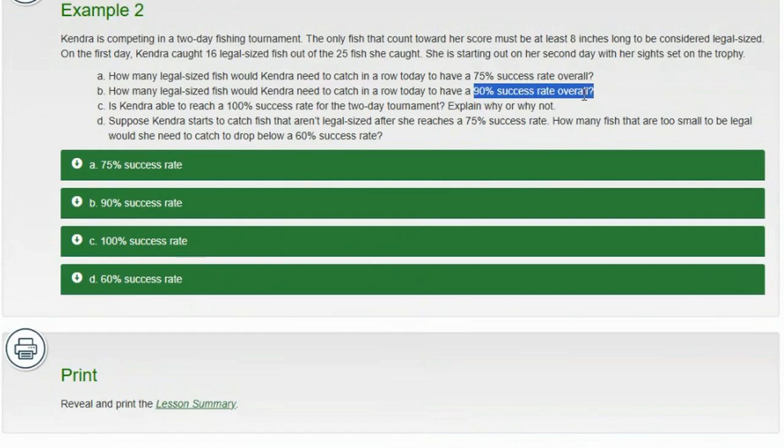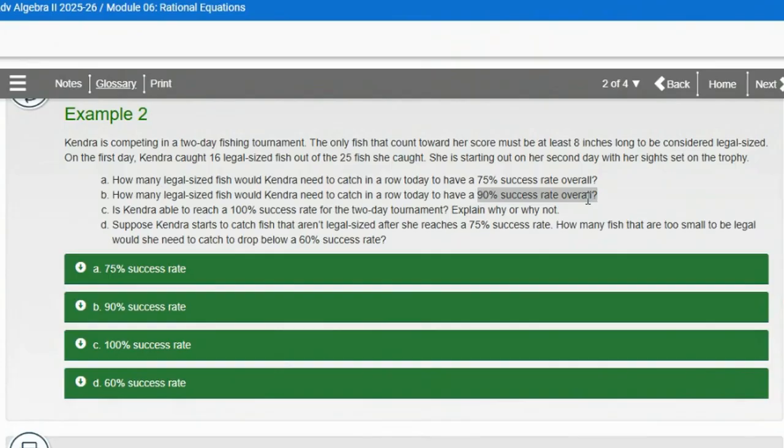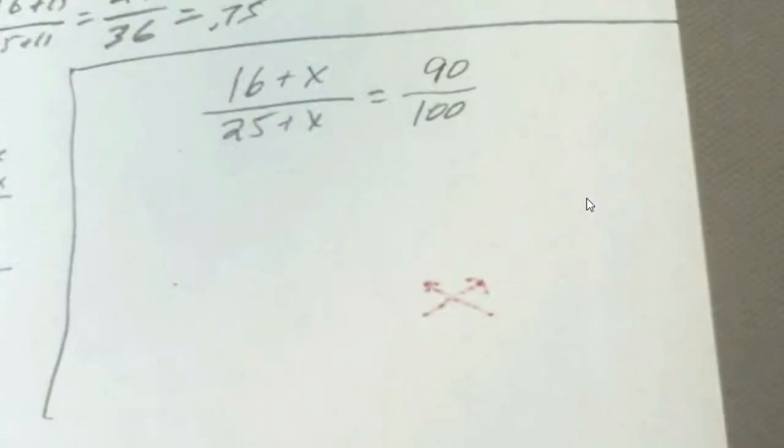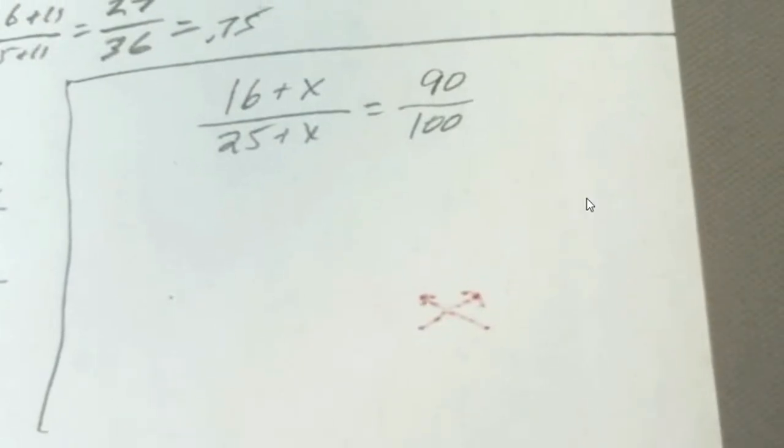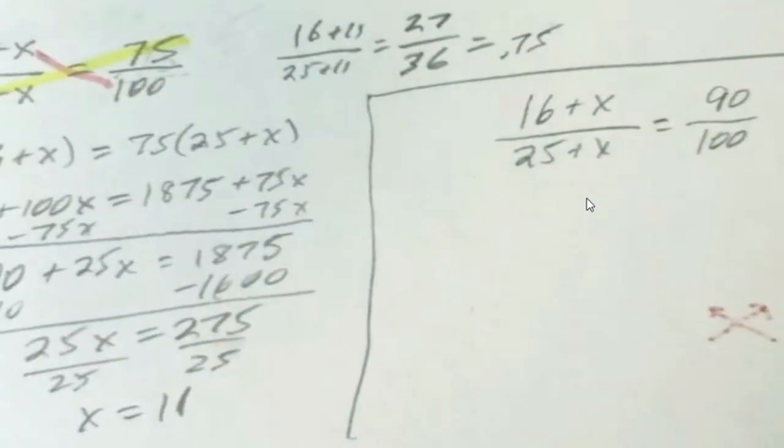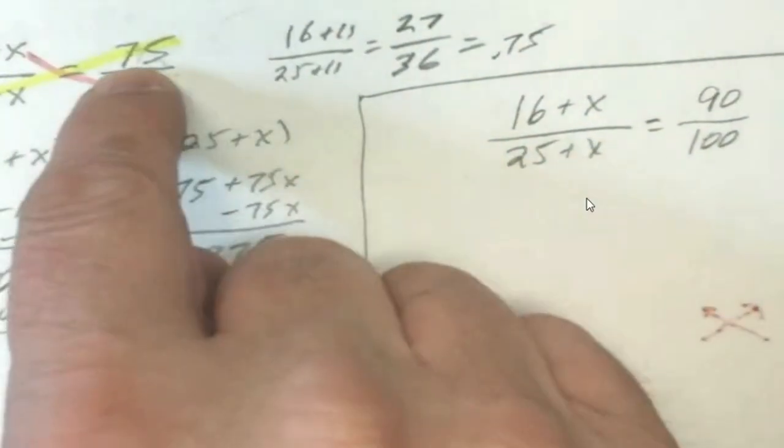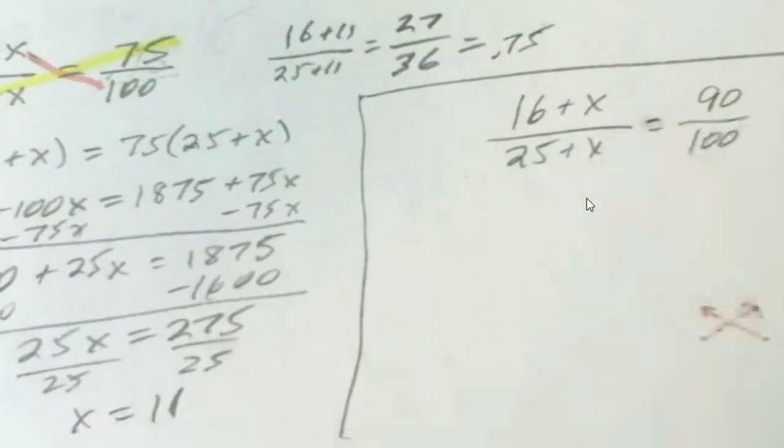I'll put what I got. There's the setup. Looks a lot like the last one, but instead of 75%, she wants 90%. Otherwise, it's the exact same problem.